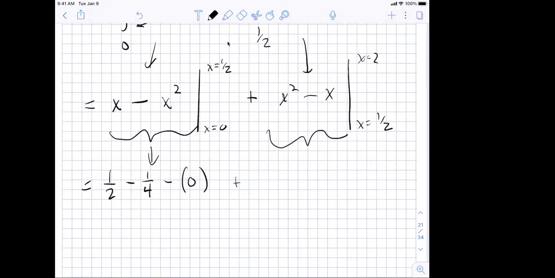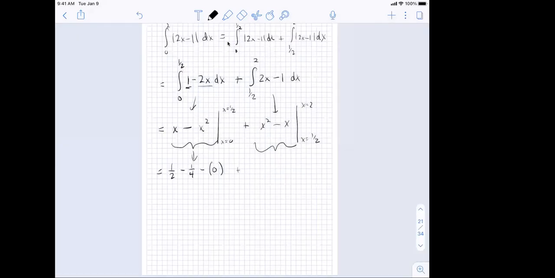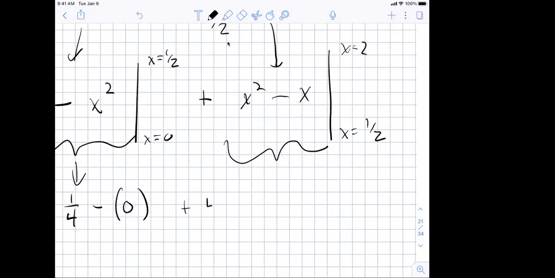Now we'll do this piece. Well, when I plug in 2 into this, I'm going to get 2 squared is 4 minus 2. And then I'll subtract off when I plug in 1/2. So I'll get minus 1/4 minus 1/2.